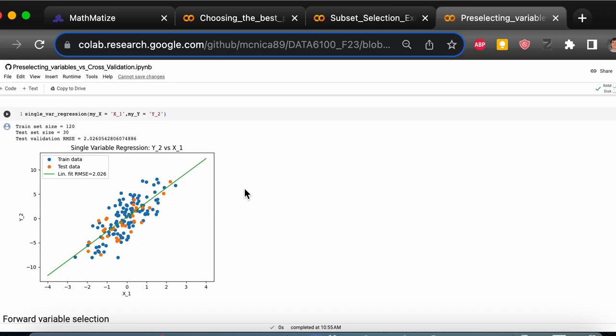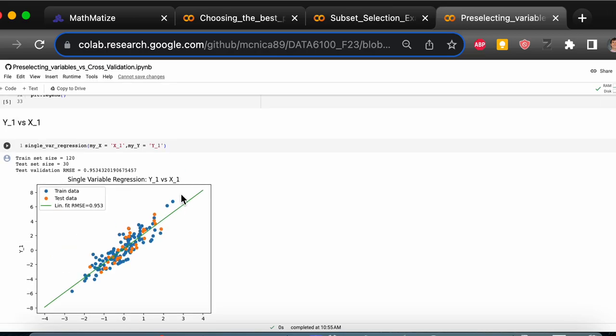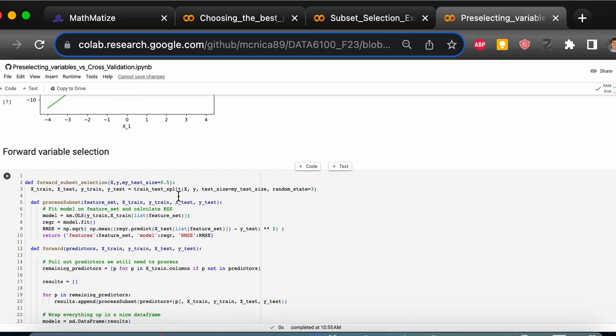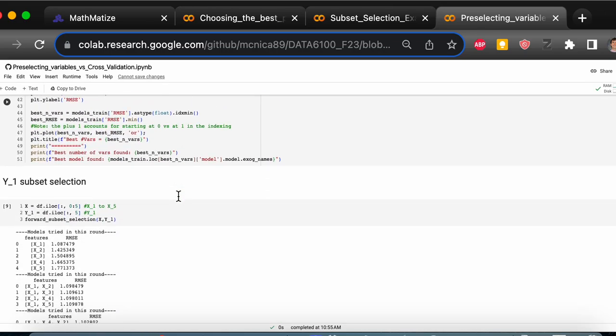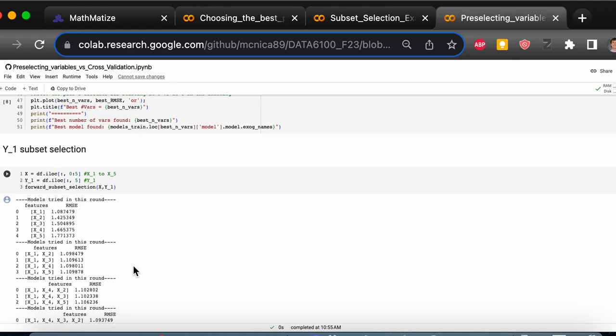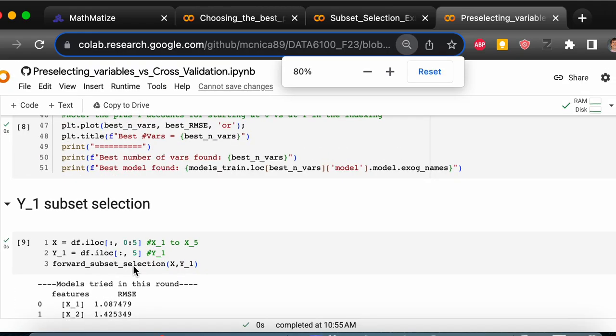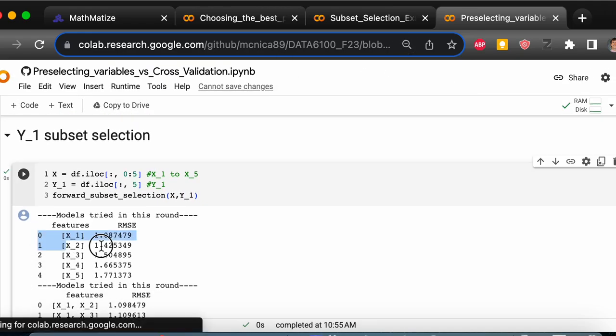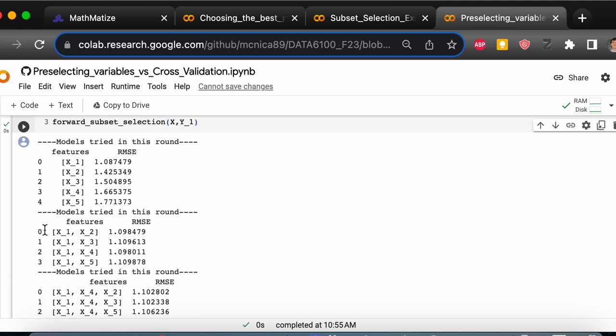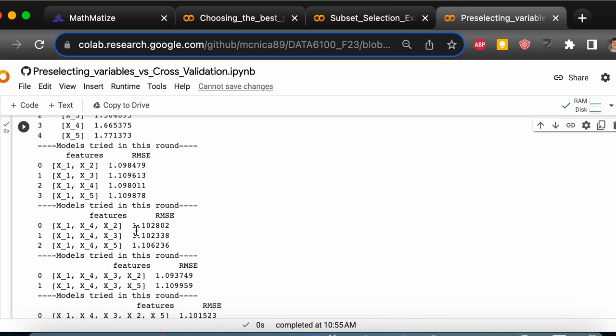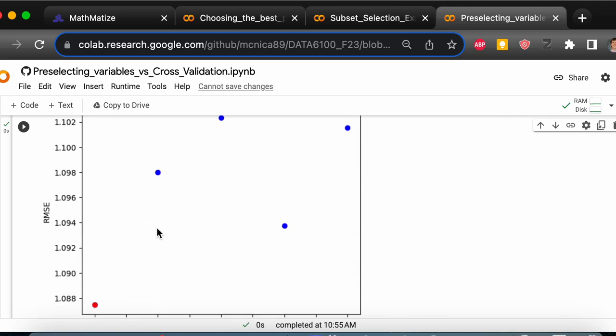So I'm going to show you the two graphs you get by doing forward variable selection on the y1 and y2. So here it is for y1, and it's exactly the same kind of code as for the baseball ones, right? So it's trying all the models, it tries x1 to x5, then it tries, x1 was the best, so now do x1, x2, x1, x3, x1, x4, and so on. And when you do it, you get a model that looks like this.